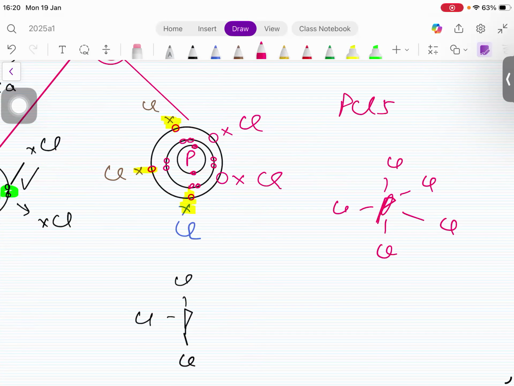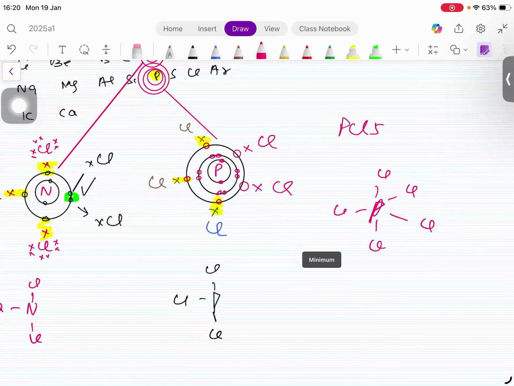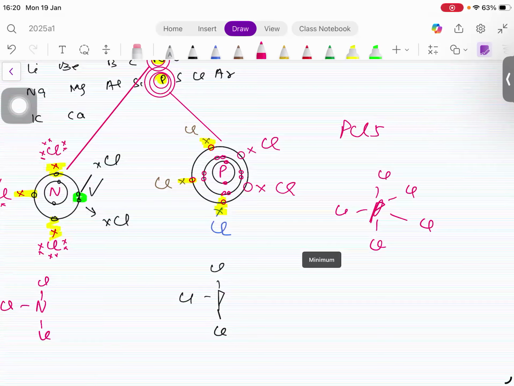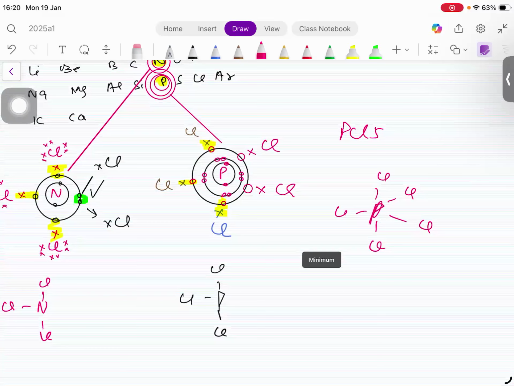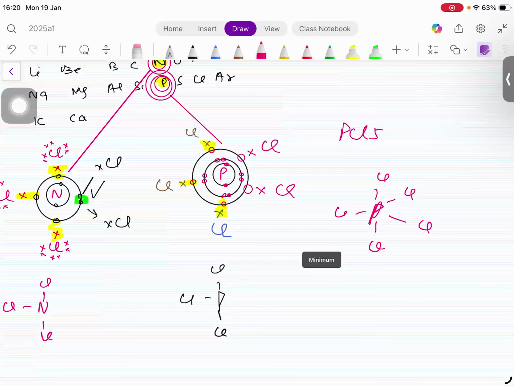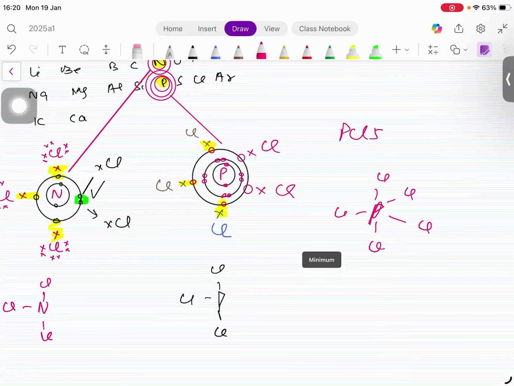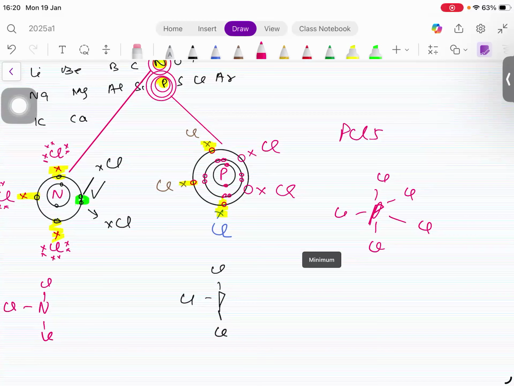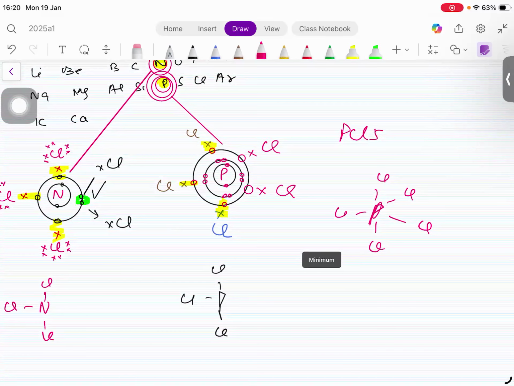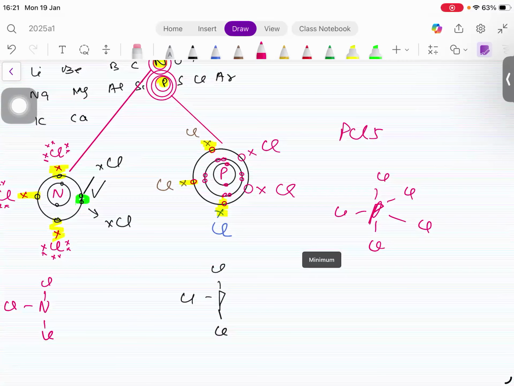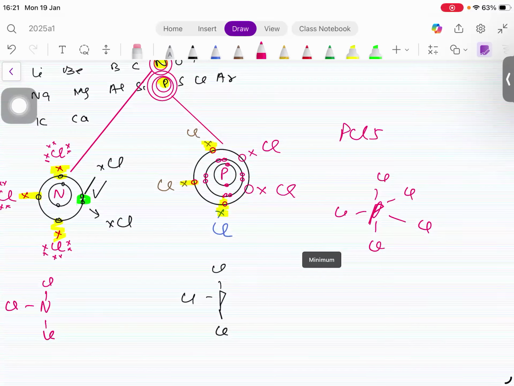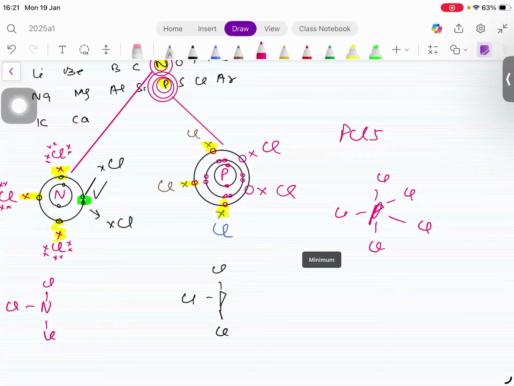This is called expansion of octet. Why can phosphorus use these two electrons to attach two more chlorines, and why can nitrogen not? Because the nitrogen's outer shell is the second shell. It already has 8 electrons, and the second shell has been filled up to its capacity. So even if nitrogen wants to, it cannot expand its octet.